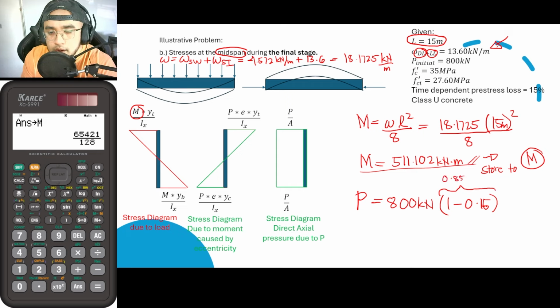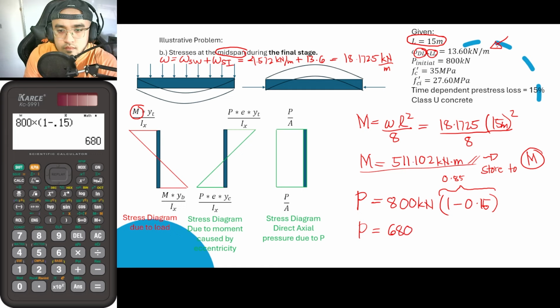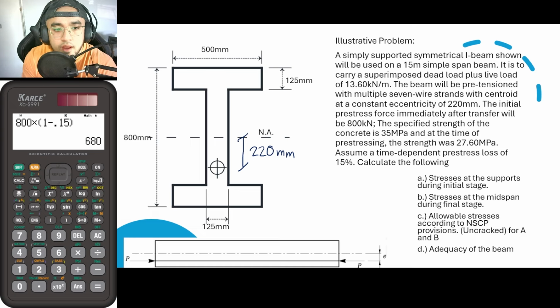So from that, the new pre-stressing force due to time-dependent pre-stress loss is 800 times 1 minus 0.15, and that would now give us an answer of 680 kilonewtons. Okay, so before I proceed, let me just remind you that we have only reduced 15% from 800 kilonewtons in the final stage because it is a time-dependent pre-stress loss.